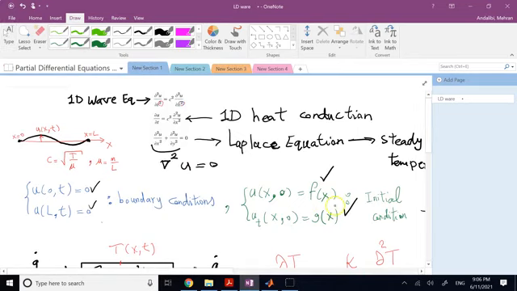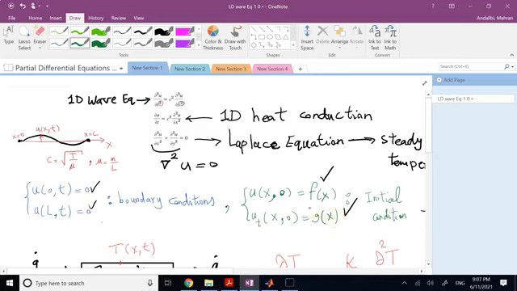I have initial displacement, initial velocity. I have two boundary conditions, both ends 0, 0. Now f of x and g of x are fixed functions, okay? They are given functions. They are not just arbitrary functions. They are known functions. Like this could be like a sine of x. This could be whatever you want, maybe even 0.